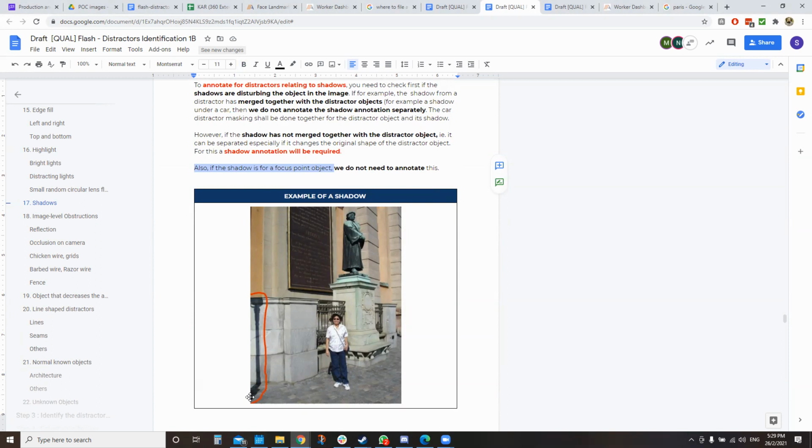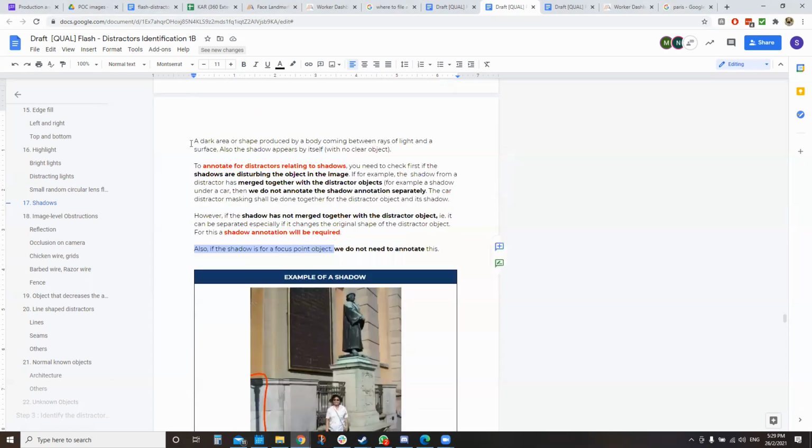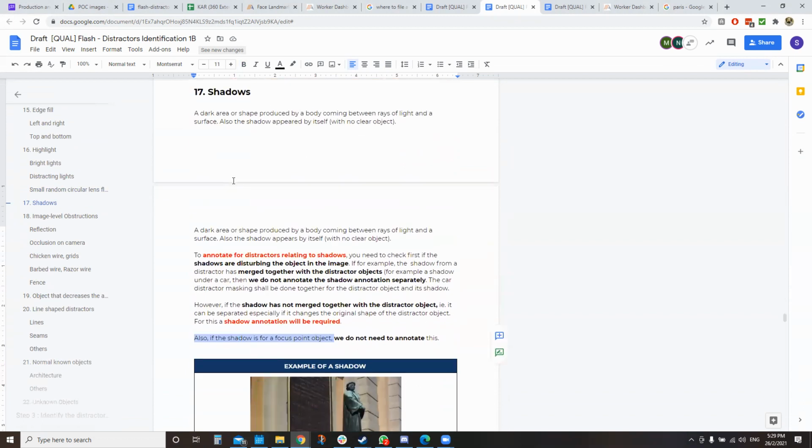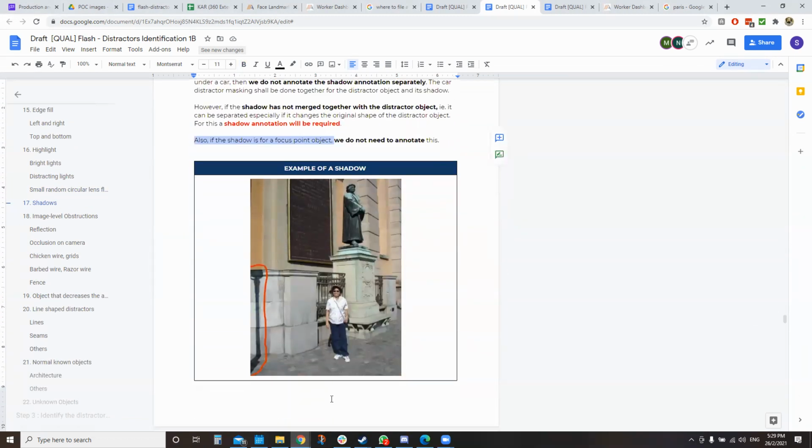You don't know if that shadow belongs to that object or not. If you look at the image, it is not attached to each other. But if you look at the shapes and it belongs to the same one, then of course you cannot apply this rule, if you can see the object and you can see the shadow.